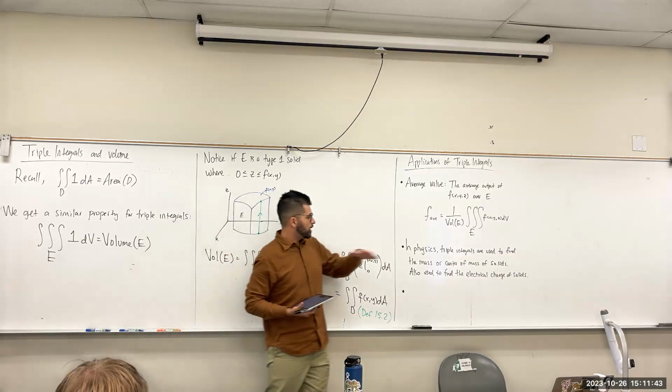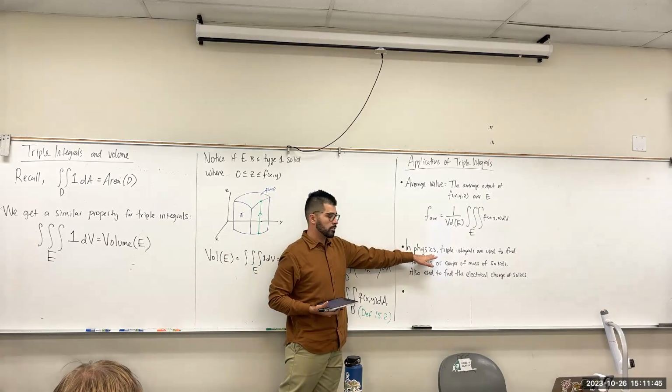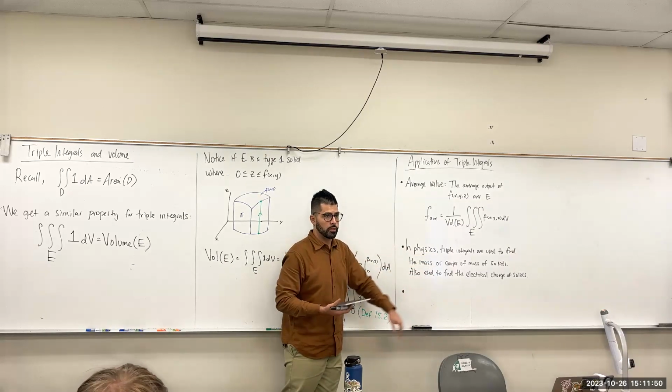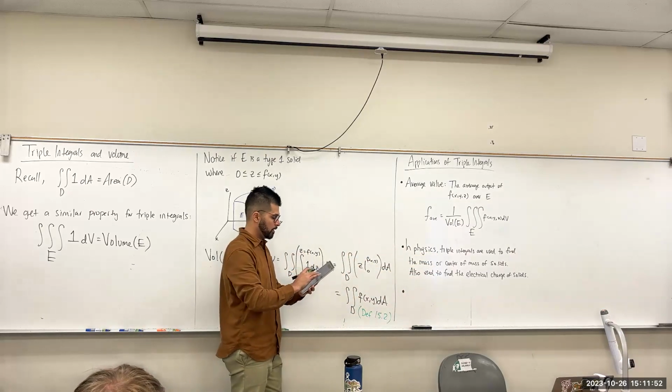When I taught this in 18 weeks, I wasn't too much in physics. I did more of the next part, which is probability. So I did some of my research in probability.